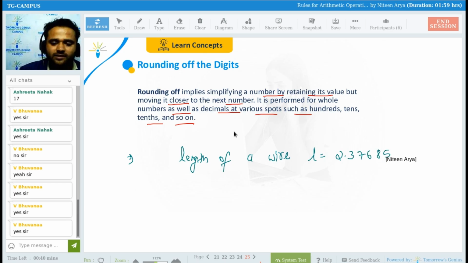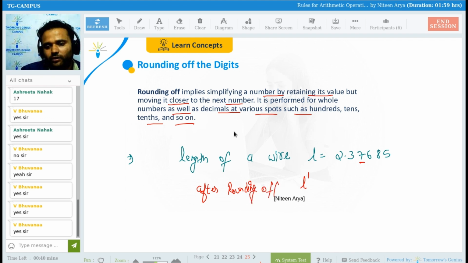2.37685. It can be this. If you are going to round off this particular thing into 2 significant figures, so as the third significant figure is more than 5, L prime, which is after rounding off, the length L prime becomes 2.36 centimeter.